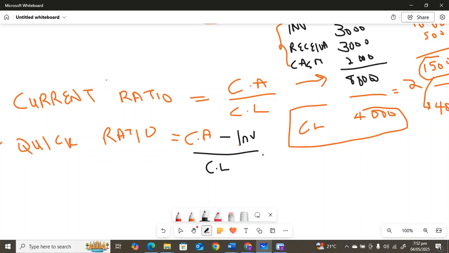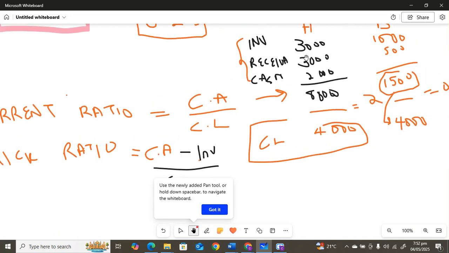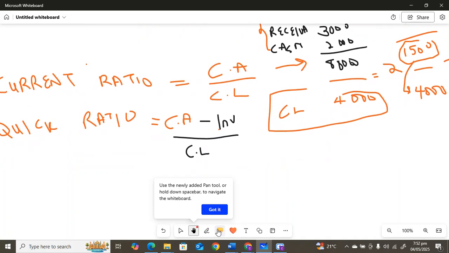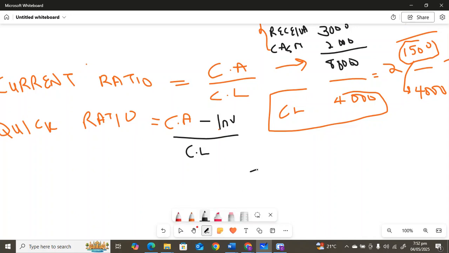So in our example here, for company A, we remove inventory. We just focus on receivables and cash. 3,000 plus 2,000 gives us 5,000. Divided by 4,000, our quick ratio is 1.25.